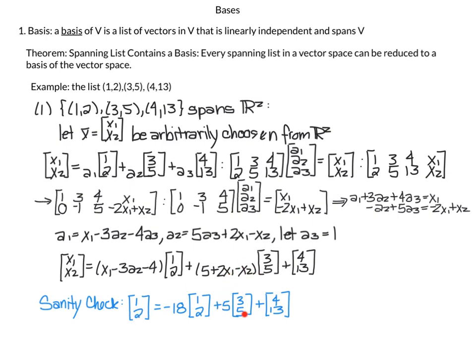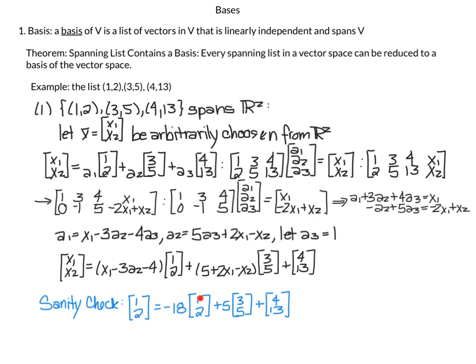So 5 times 3, 5. And then over here, in front of my 1, 2, I'm going to have x1, that's 1, minus 3 times A2, so that's minus 15. So I'm going to have minus 14, minus 4, so that's minus 18. Now that I've calculated my A1, A2, and A3, I can double check my 1, 2 now.